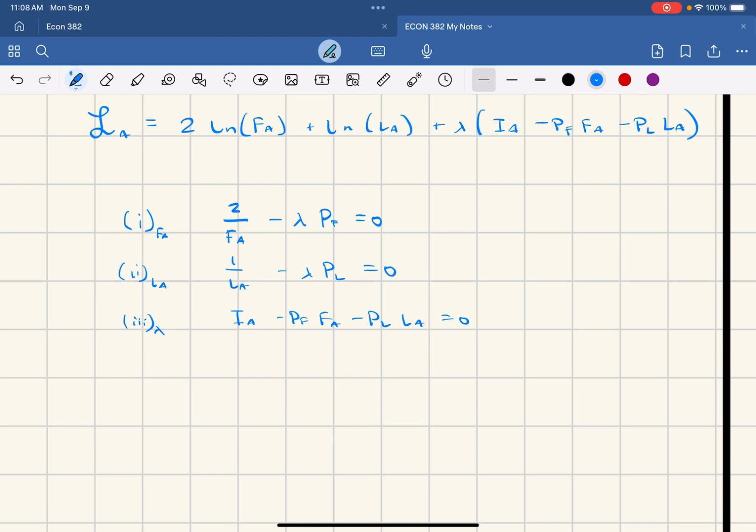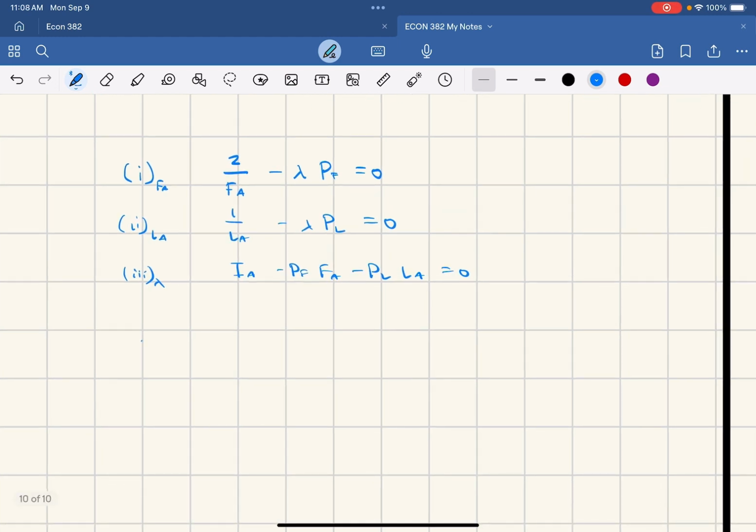Now from this, the strategy we're going to use is we're going to take the first equation and divide it by the second. So I'm going to bring this over to this side and then divide each of those equations.